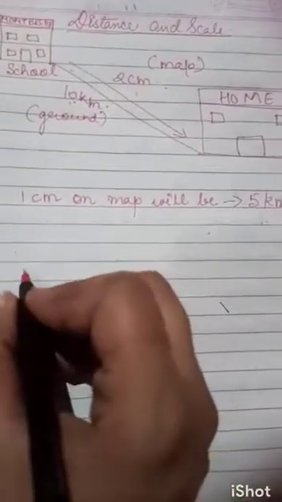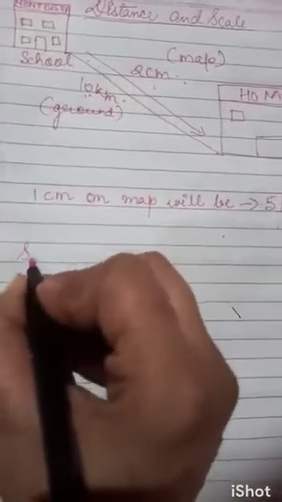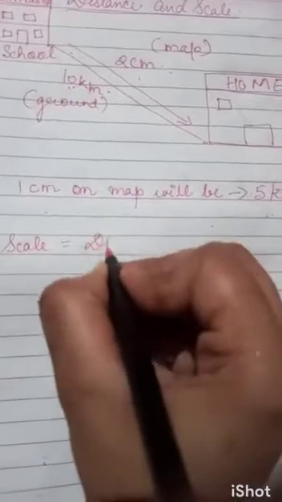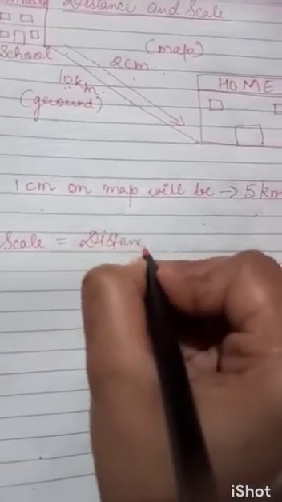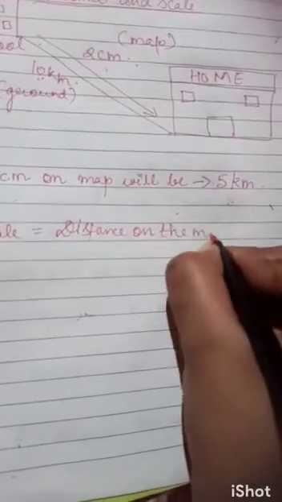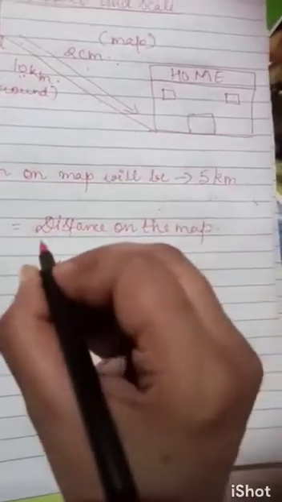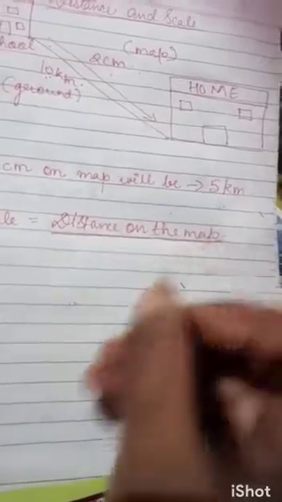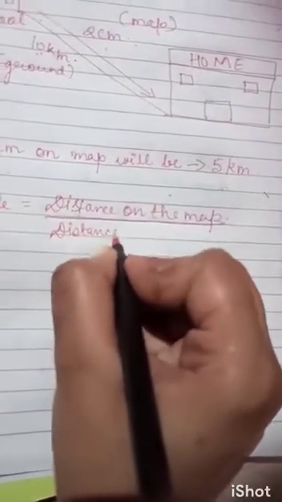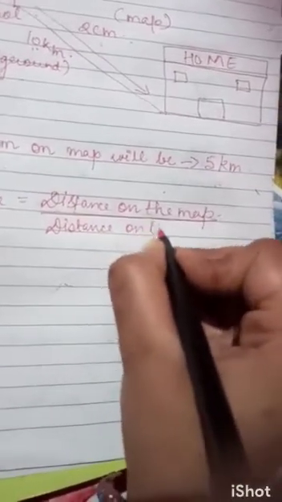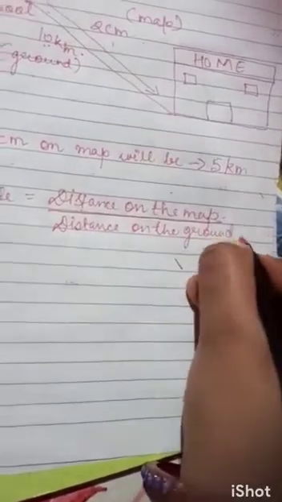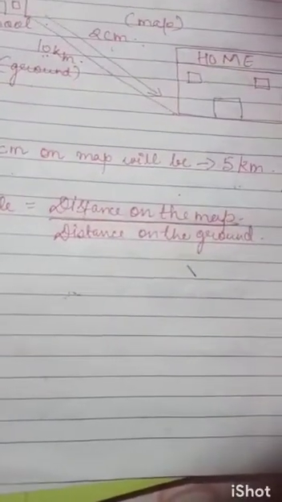Now the formula is scale is equal to distance on the map divided by distance on the ground, right? Clear?